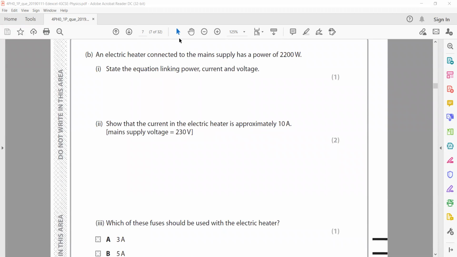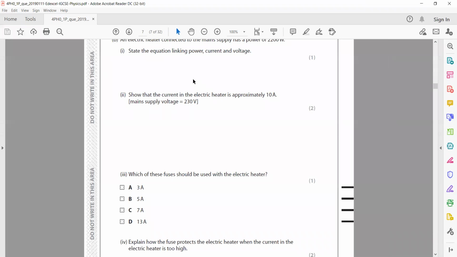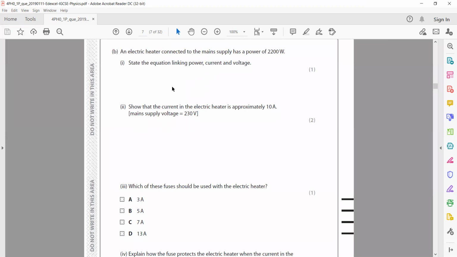An electric heater connected to the mains supply has a power of 2200 watts. State the equation which links power, current and voltage. So we have the formula P equals V I. Then show that the current is approximately 10 ampere. The power is given as 2200.